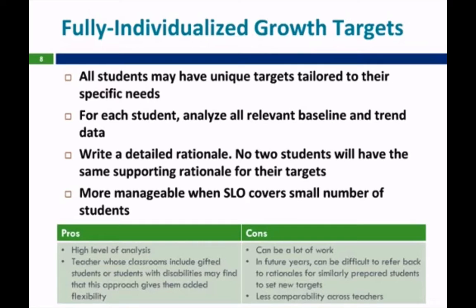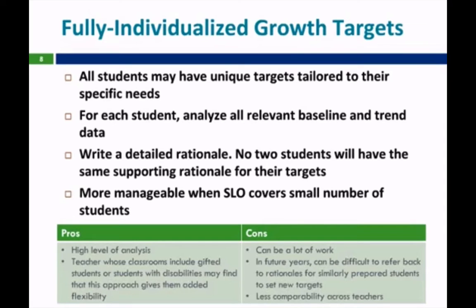So yes, it can be a lot of work, and in future years it can be difficult to refer back to your rationales for similarly prepared students, just because the very specific information that you used probably won't be available for every student.